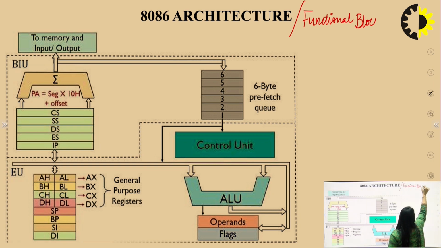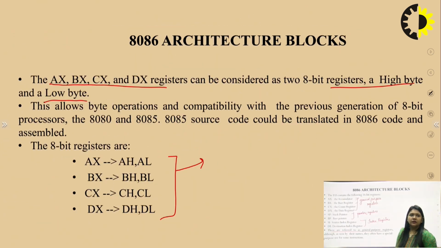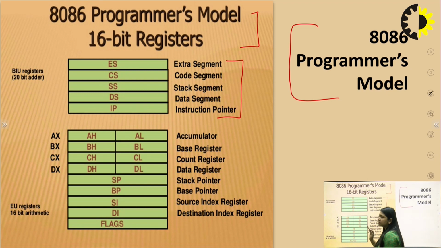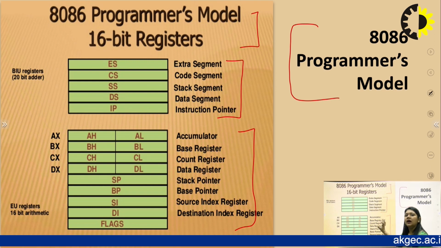If the programmer's model is asked, it has the segment registers, instruction pointer and all the general and special purpose registers. That's it. All the registers given here make up the programmer's model, which we have discussed earlier.